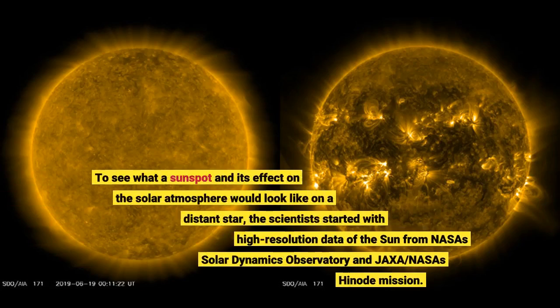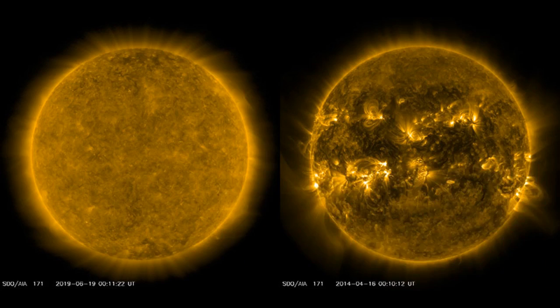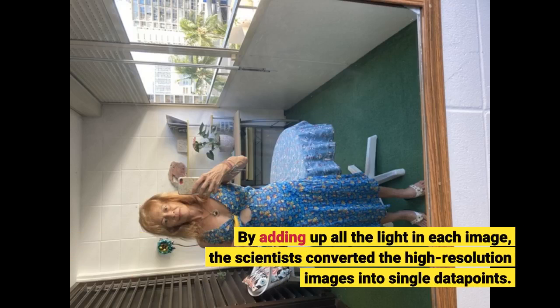To see what a sunspot and its effect on the solar atmosphere would look like on a distant star, the scientists started with high-resolution data of the Sun from NASA's Solar Dynamics Observatory and JAXA/NASA's Hinode mission. By adding up all the light in each image, the scientists converted the high-resolution images into single data points.